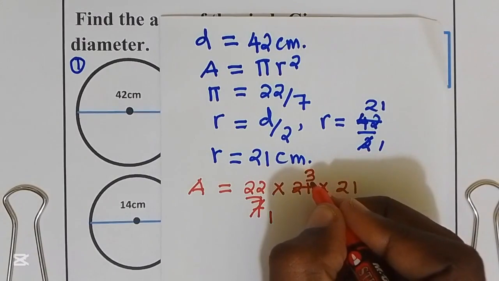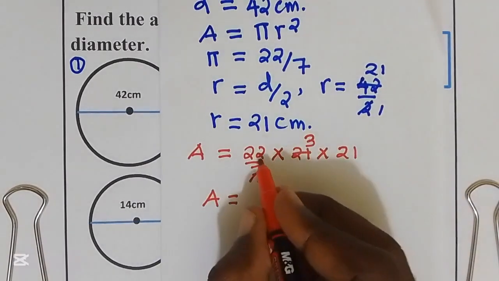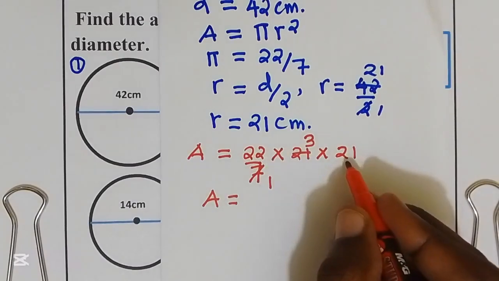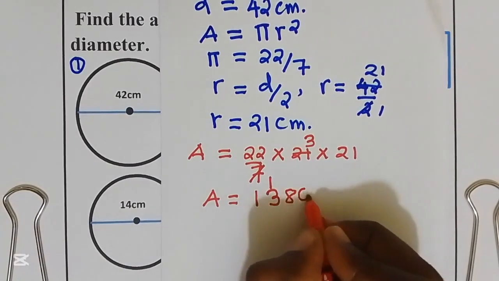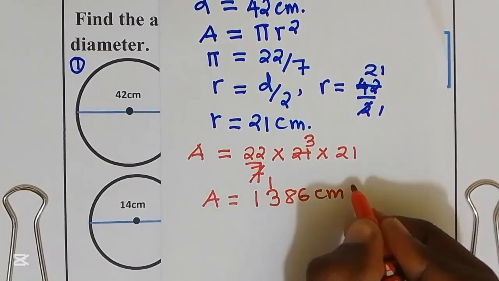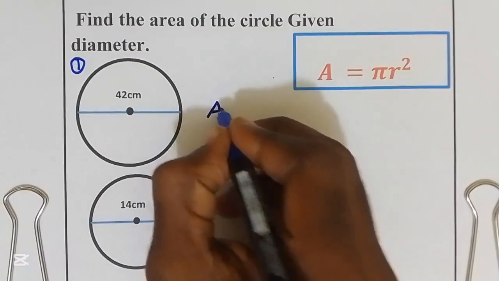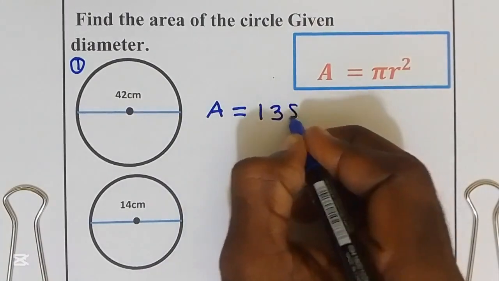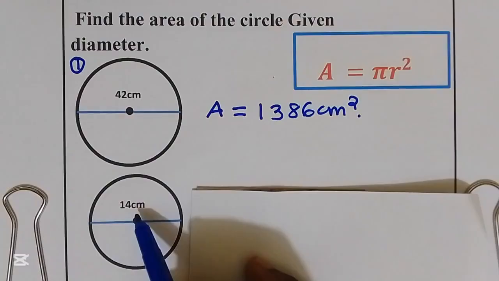So our area is going to be 22 multiplied by 3 multiplied by 21, which is 1386. This is centimeter square. Our area is equal to 1386 centimeter square.